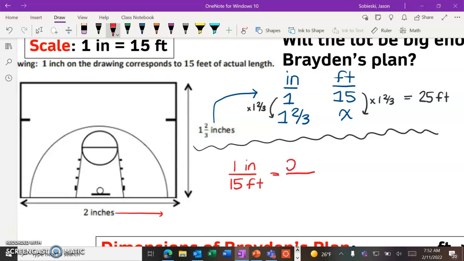We know the value of 2 inches, and we're trying to figure out how many feet that goes with. So you could set up a proportion, 2 fractions equal to each other. It's really the same thing because you have to think, how do you get from 1 inch to 2 inches? Well, you multiply by 2. So you have to do the same change to the bottom. So if you do 15 times 2, that's going to give you a length of 30 feet.